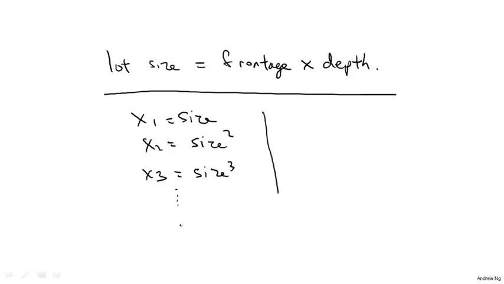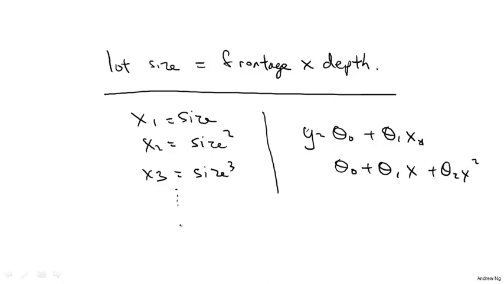In later videos, we'll talk about automatic ways to choose amongst these different types of features. So, for example, do you want to fit a linear function, or a quadratic function, or even a cubic function, or an even higher order polynomial?